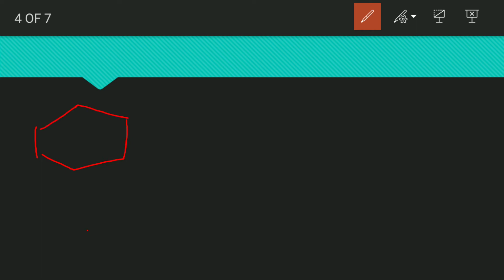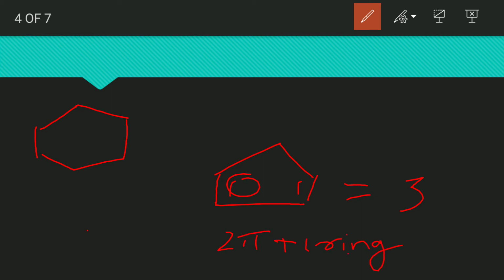So it's the same case as the last one, and let's take this one. Now tell me the DBE value of this structure. The DBE value of this structure would be 3, as there are 2 pi bonds plus 1 ring. So the DBE value is 3. Finding DBE value using structure is very easy.